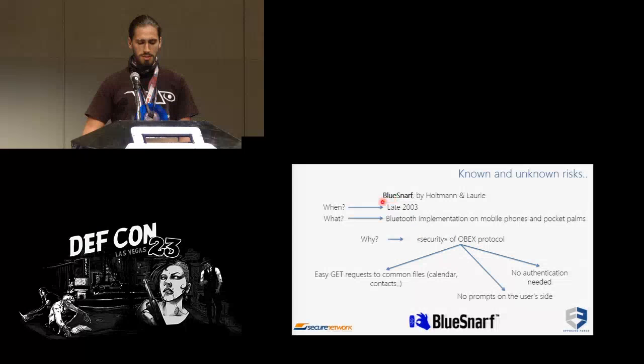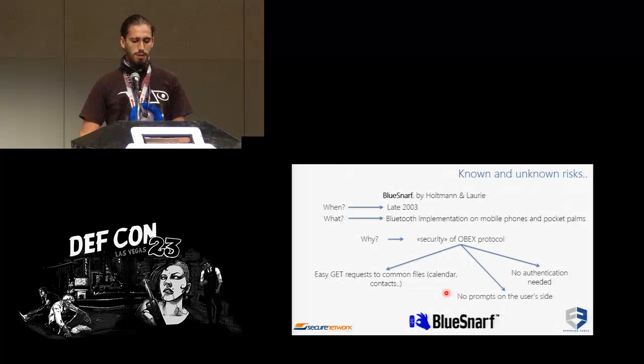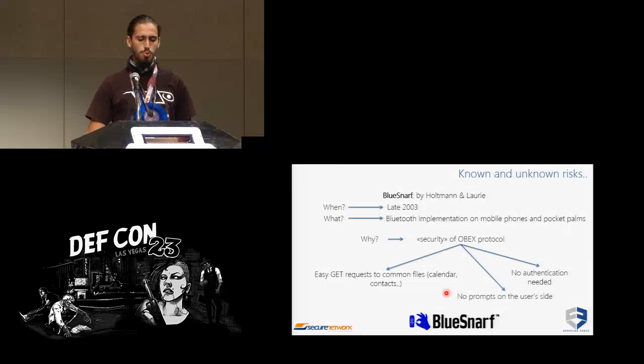By this exploit, you can make some easy GET requests to common files. At the time you applied this vulnerability on mobile phones and Pocket PCs, because those were the most common devices with Bluetooth enabled, and they were the devices where you could get some information using this exploit.